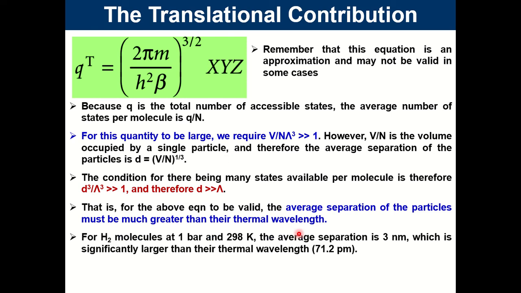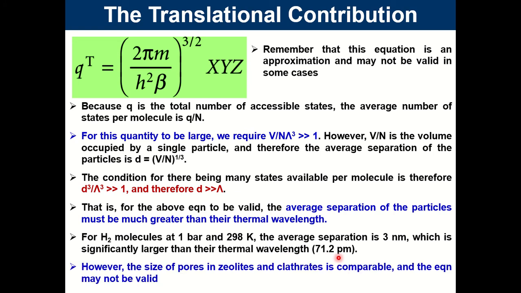For example, consider a hydrogen molecule at 1 bar and 298 Kelvin. The average separation d turns out to be 3 nanometers, which is significantly larger than the thermal wavelength of 71.2 picometers.